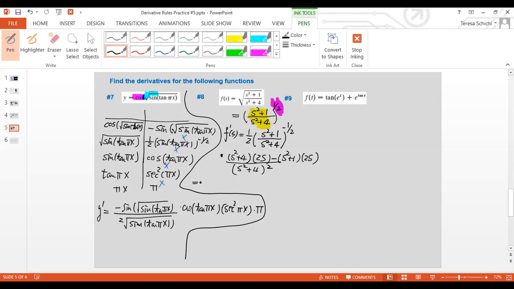So my first term will become 1/2 here. So this will be 1/2. Then this is the negative 1/2, right? So that means you flip that. So it will be x squared plus 4 over x squared plus 1.